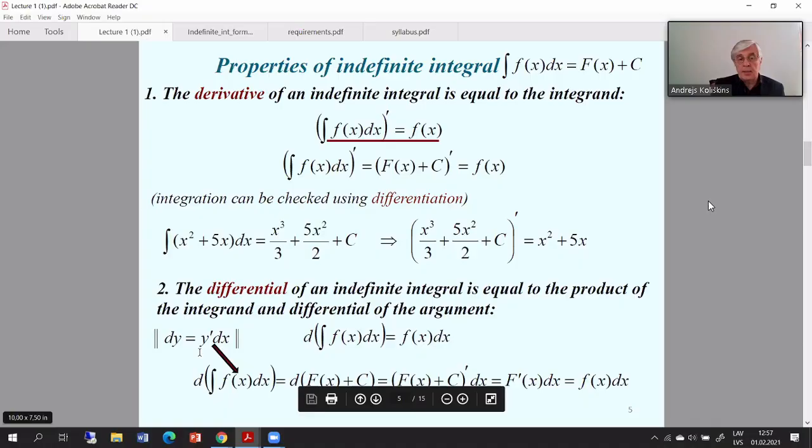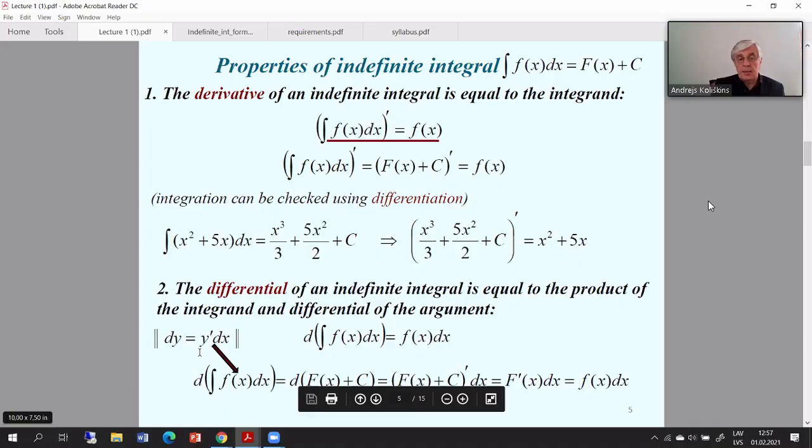So property number 4 tells us, and I strongly recommend you to use it, whenever you have a constant factor under the integral sign, you can take it out. So it can be taken out, and then just integrate f. So again, this is a simple proof.